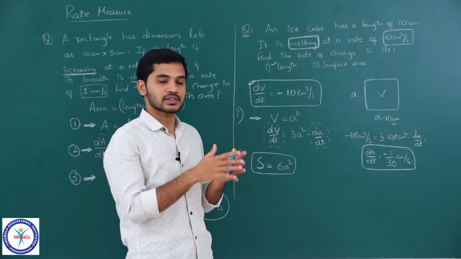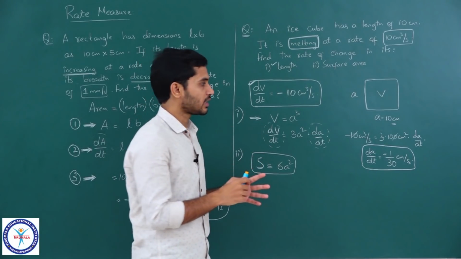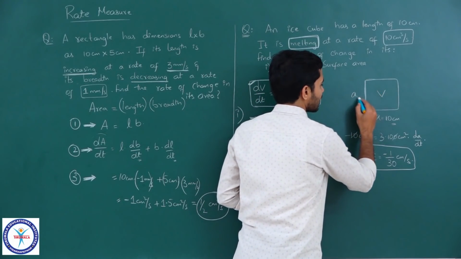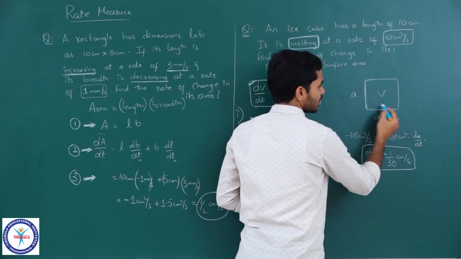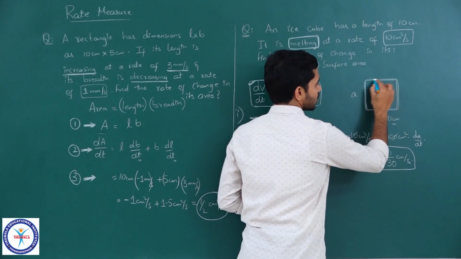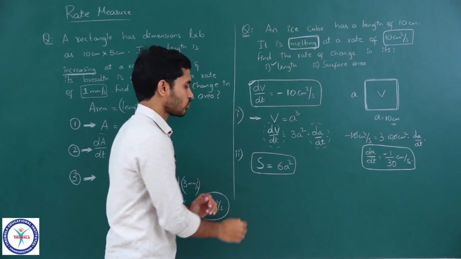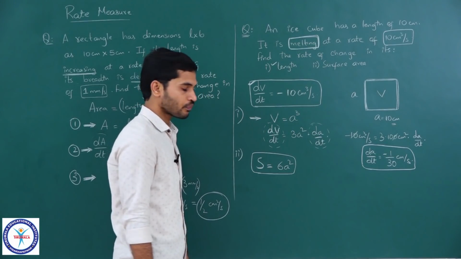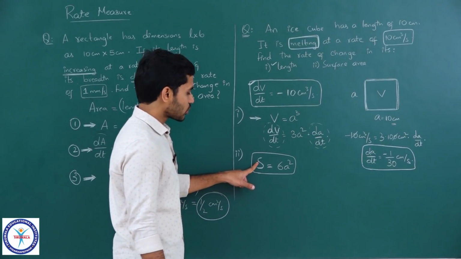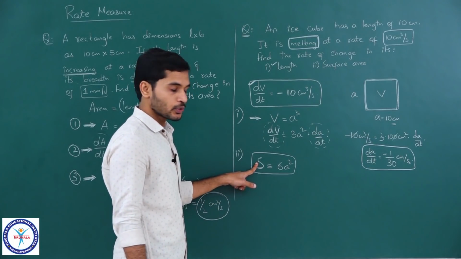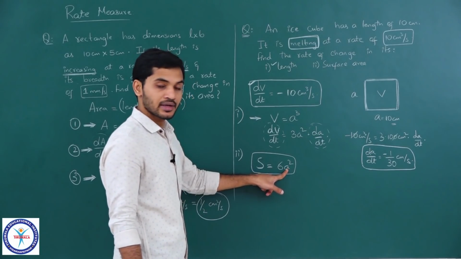So, it will have 6 square surfaces, and because the side length is a and this length will be a, you know that the area of this square will be a square, and there are 6 such faces. So, we get 6a square, clear? Okay. So now I know the relation between surface area of the cube and the side length of the cube.